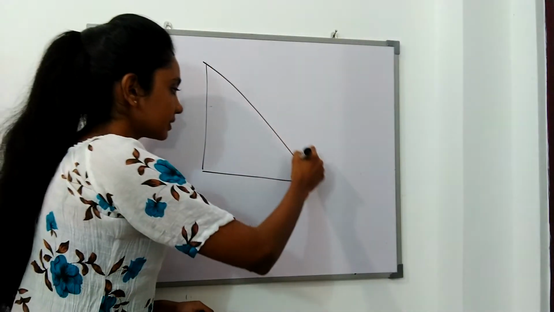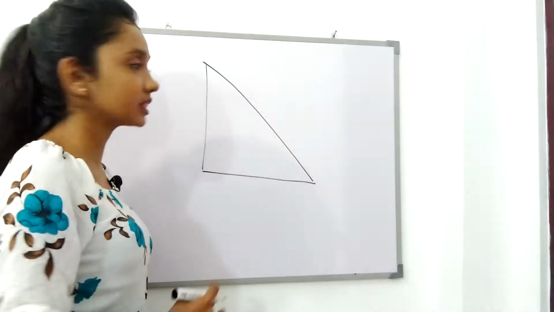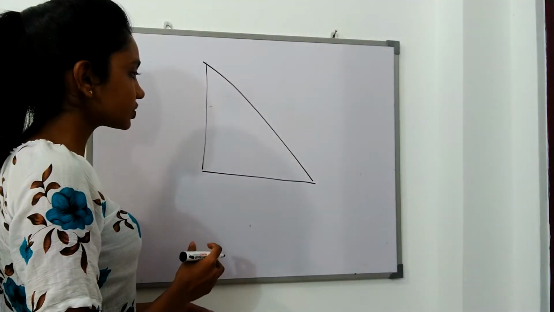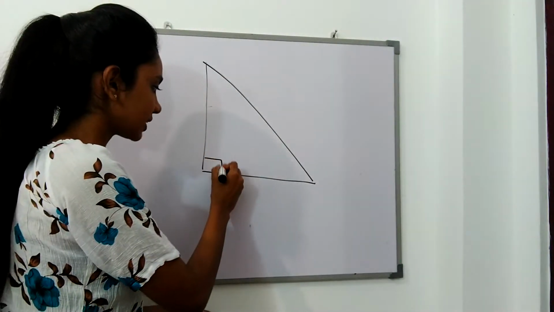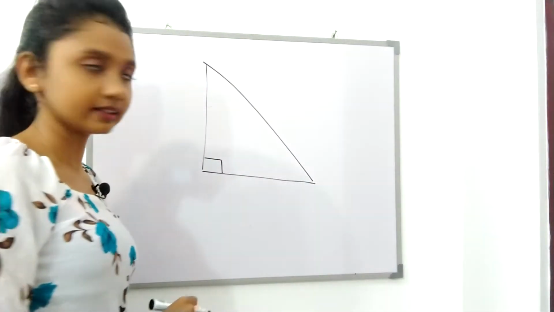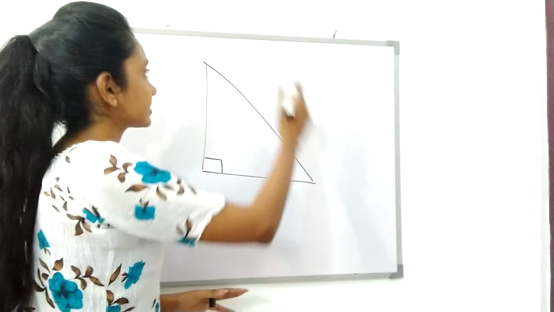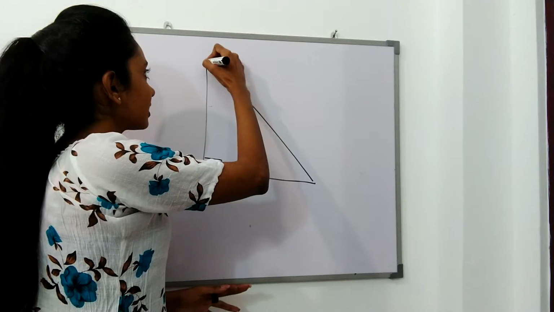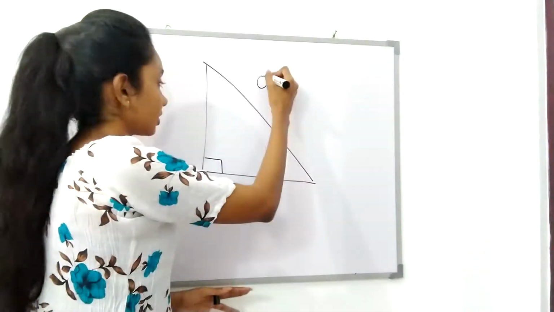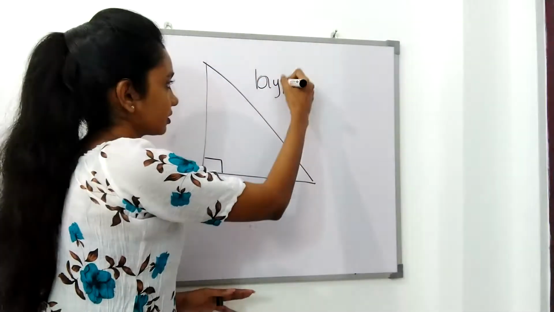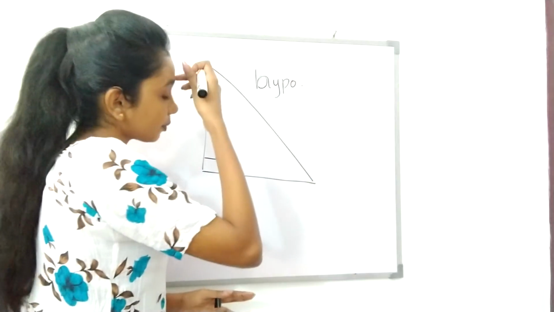first of all, let's learn about the elements of this right angle triangle. Here you can see a right angle. And the next thing is the hypotenuse.